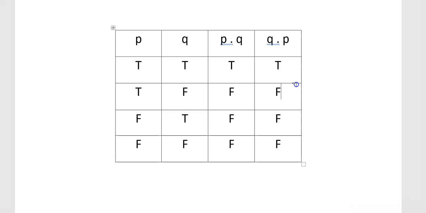Now, one interesting thing about the conjunction is this. Remember when you learned simple statement and the negation of a simple statement, there you noticed that the value of a simple statement is simply reversed when it is negated.